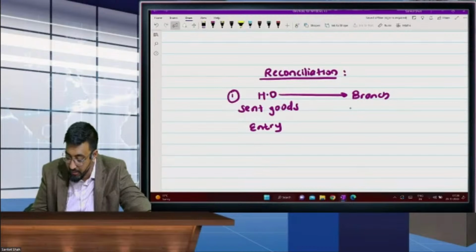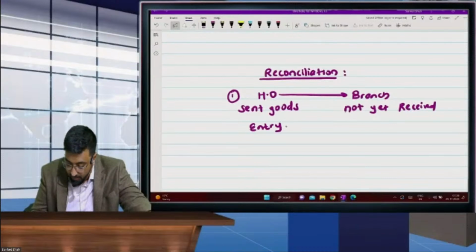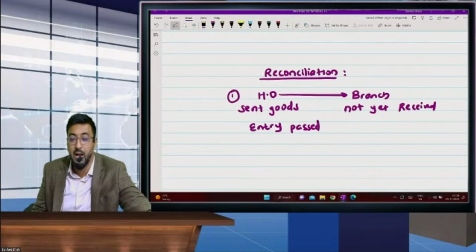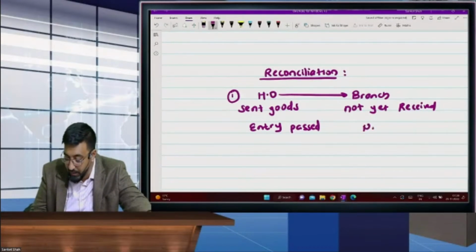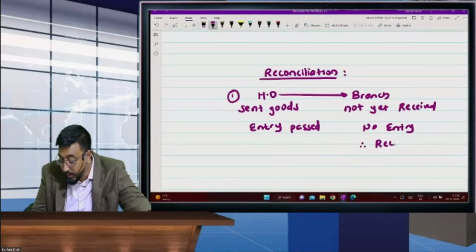And branch has not yet received. Here entry already passed. They sent goods, but branch has not received. So beta, in the branch's books there is no entry yet. Therefore, RICO entry will pass by the branch.